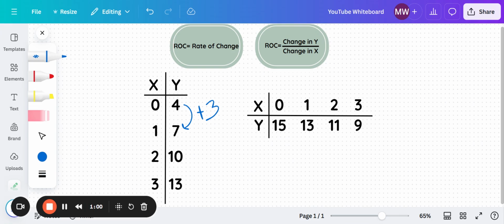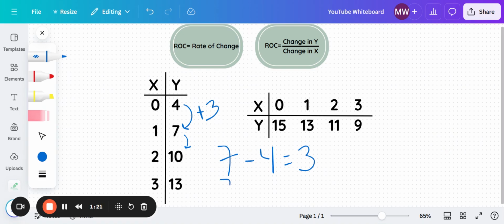If you're not sure, you can always work backwards and do subtraction. So I can do 7 minus 4, and I get 3. Now that's a positive 3, so that's why I wrote plus 3. This should work for the other pairs as well.